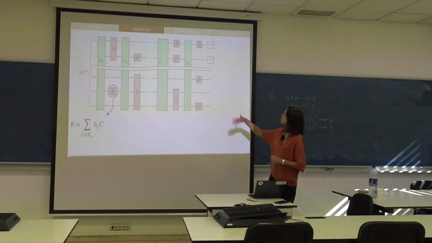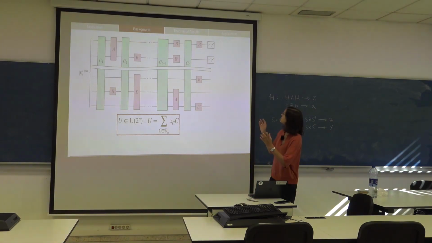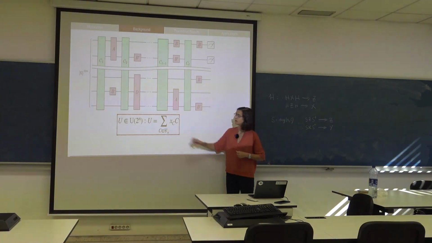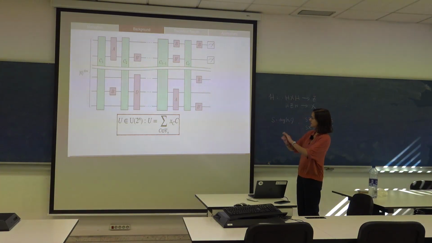And we can do this with each of these boxes. And then we can combine everything. And in the end, the whole quantum circuit could be written as some sum over Clifford unitaries, right? And now we have a circuit that is written as a sum of Clifford unitaries.